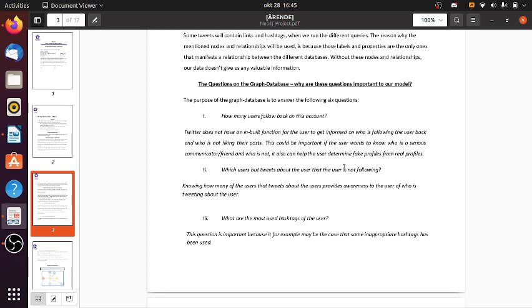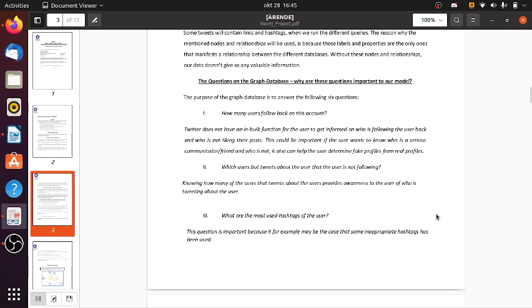The questions we want to ask are the following: how many users follow back my account, and which users tweet about the user that the user is not following. We can also see who is the most influential among our followers.